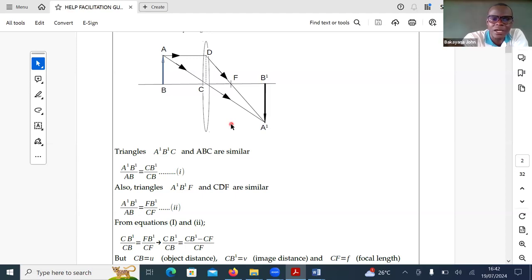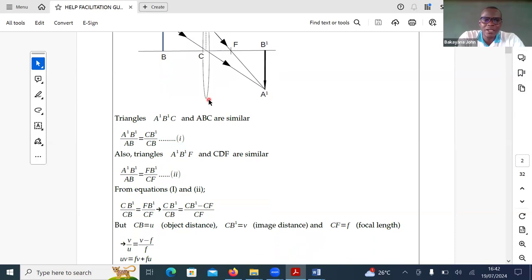We are dividing because you know that the height CD is the same as AB, meaning I can say A prime B prime divided by CD, or A prime B prime divided by AB, because height AB and height CD are the same. So that ratio should be the same as FB prime divided by CF. So that is our equation 2.